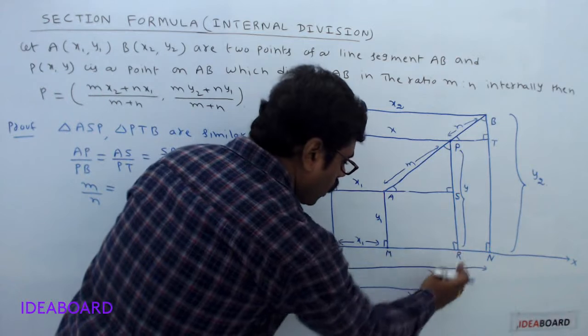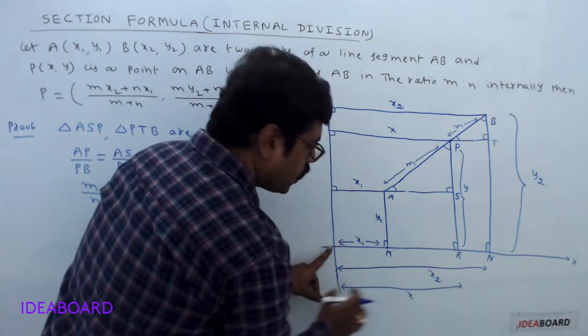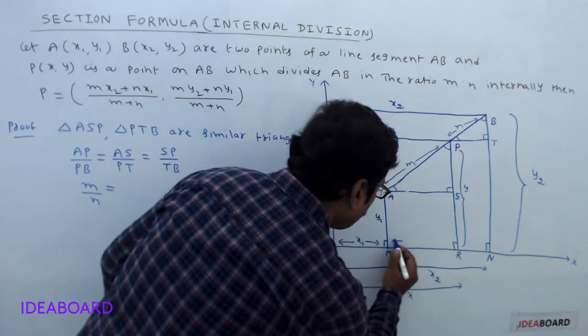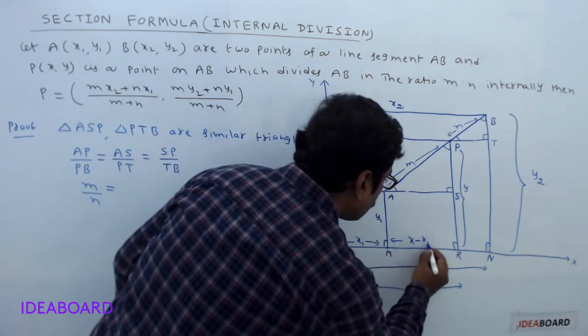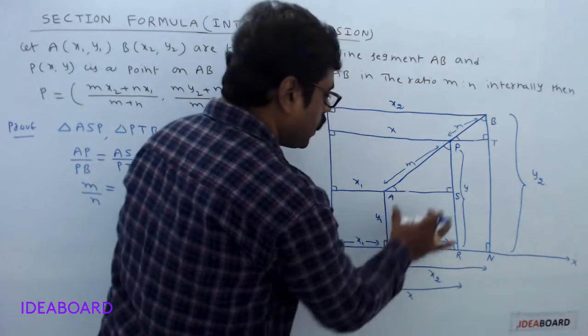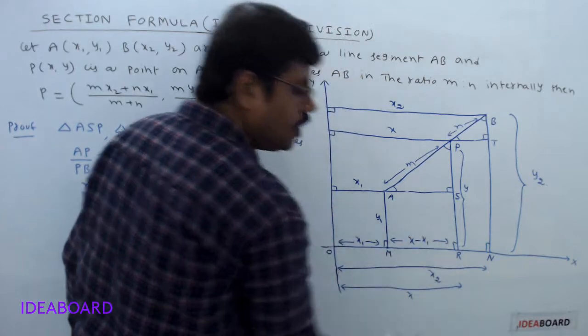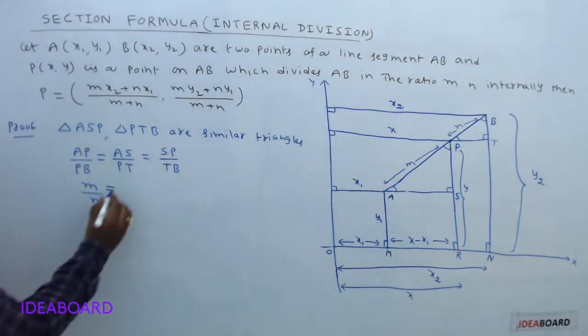What is the value of OR? That is X. OM is X1. So this part will be X minus X1. So MR is the same as AS, so the AS value will be taken as X minus X1.